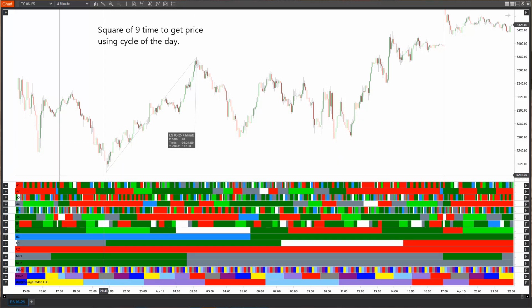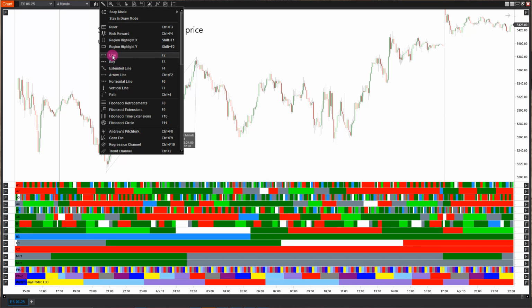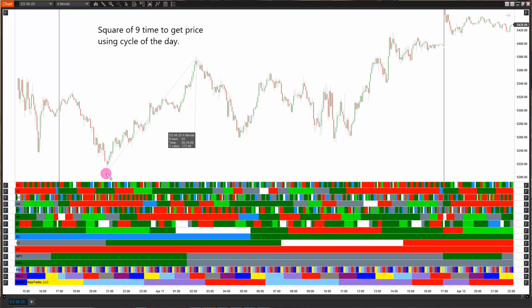So I'm going to take this swing up here from this low to this high, which was 81 bars. I'll mark it with a trend line so it's a little more visible.